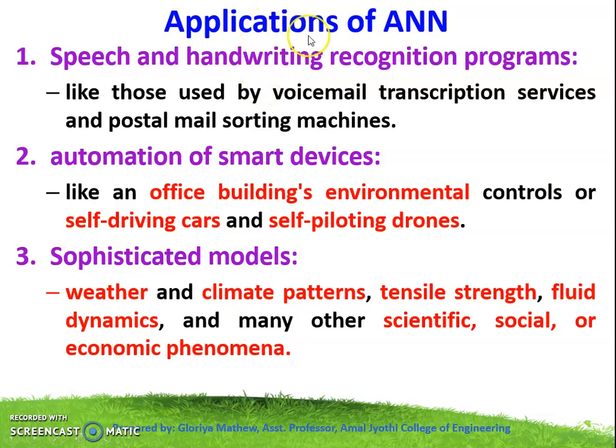Now let's see the different applications of artificial neural networks. They can be used for speech and handwriting recognition systems, and automation of smart devices. Also, artificial neural networks can be used for developing sophisticated models like weather and climatic patterns, tensile strength, fluid dynamics, and many other scientific, social or economic phenomena.